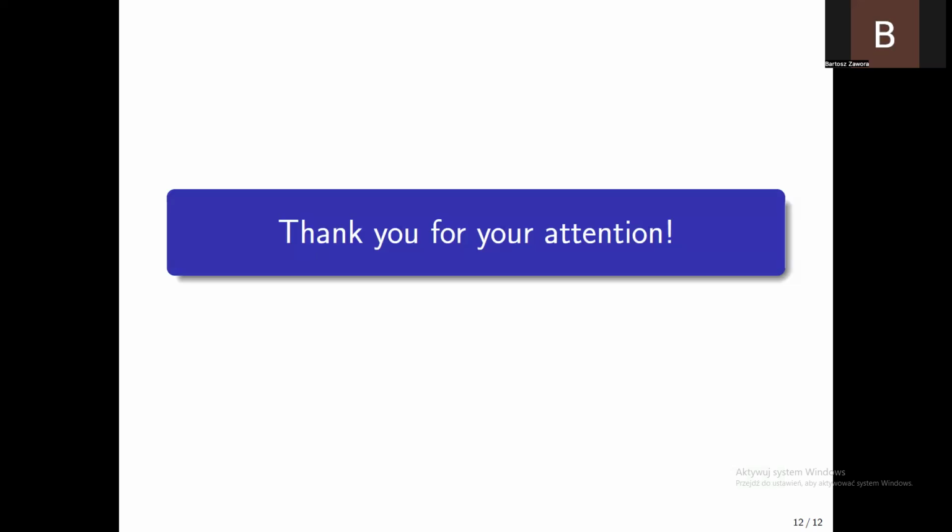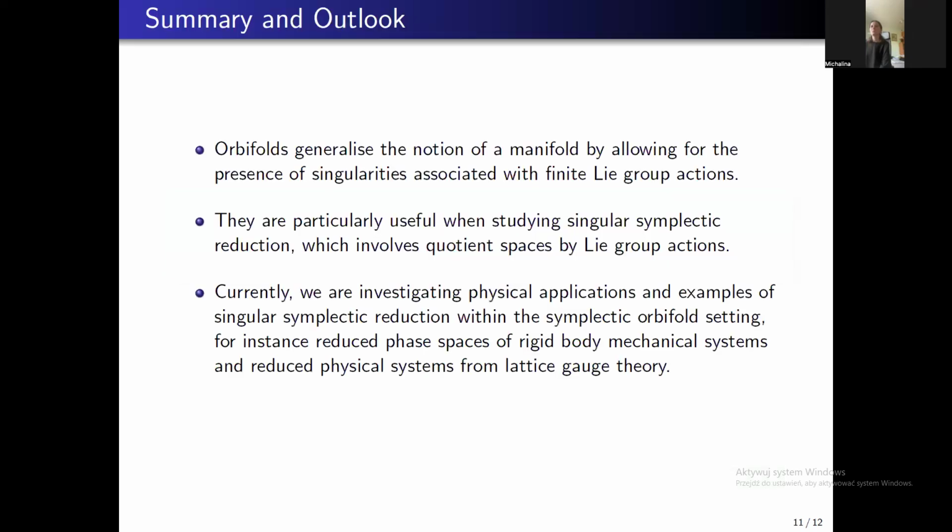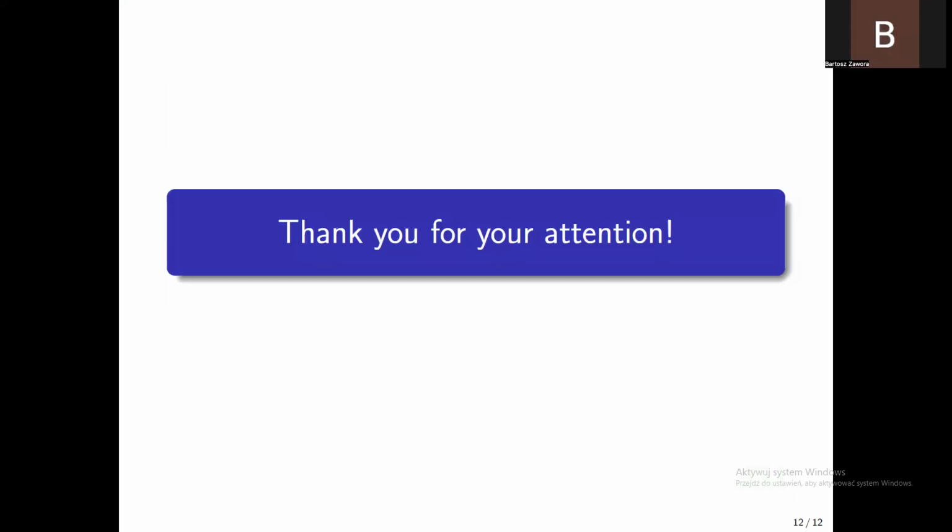Okay, just one more question about the rank of a symplectic form on an orbifold. Could you comment on that? Does it change, or how does it behave on an orbifold? The characteristic distribution of a symplectic form on an orbifold?